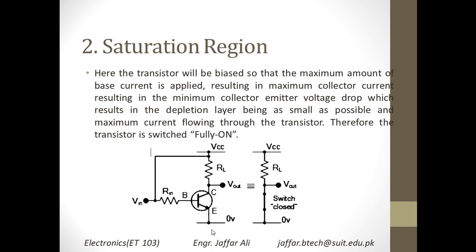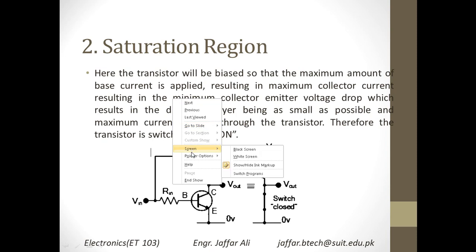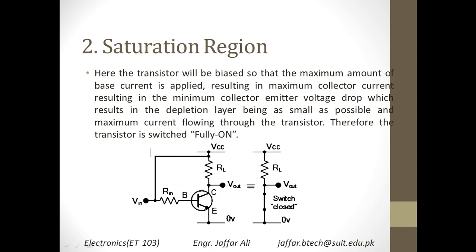The second region is known as the saturation region, and you have to apply much more voltage at the input. The transistor will be biased so that the maximum amount of base current is applied. I've already told you that you have to increase the value of the base current so that you minimize the depletion region and the maximum current flows this way.